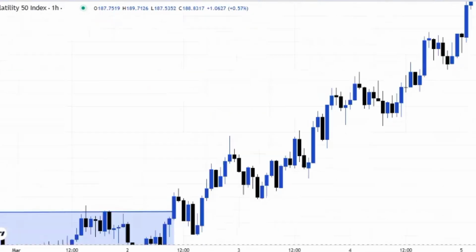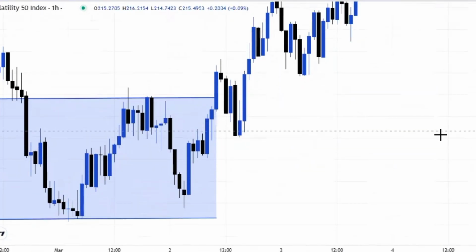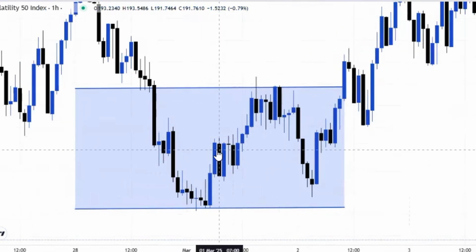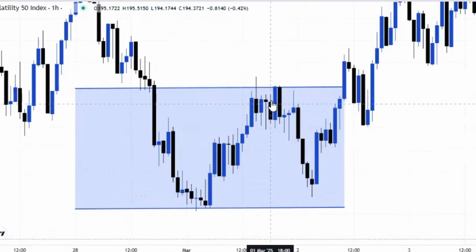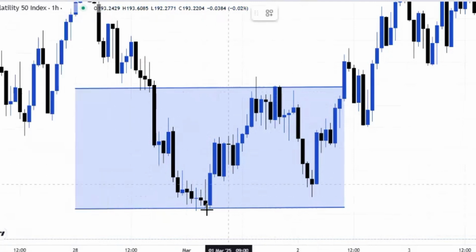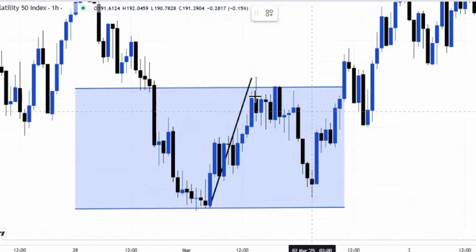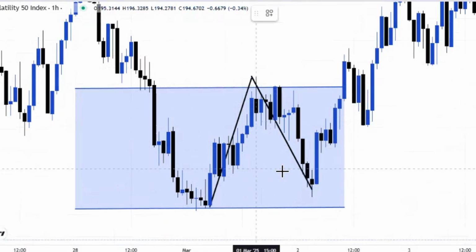Let me zoom the chart. Now if we notice here, remember the candle we saw on the daily was a bullish candle, and if you notice here, we saw this move. It's a sign that the market is trying to create a bullish structure. Right here we can see this first move, and price coming down again, and now price trying to move up.